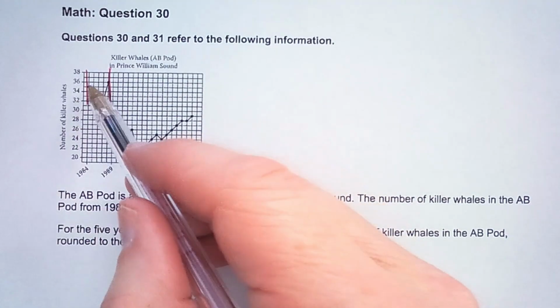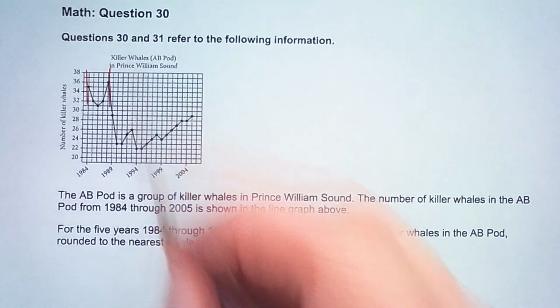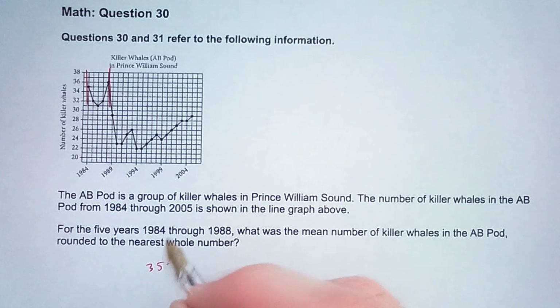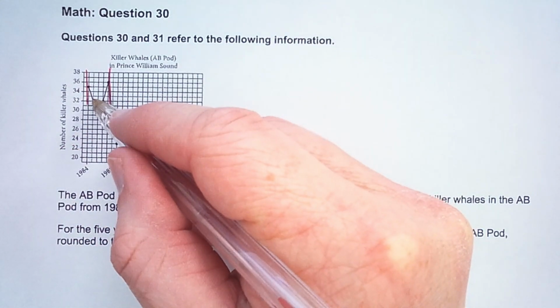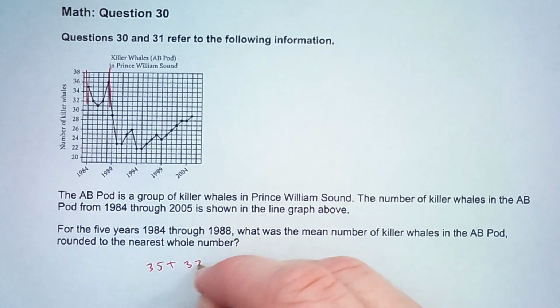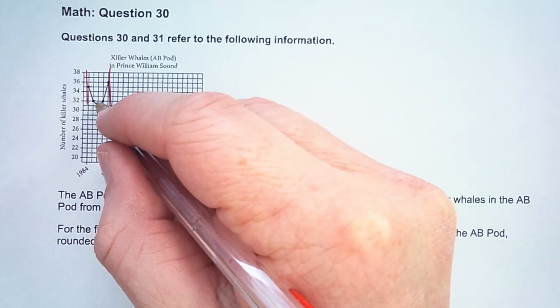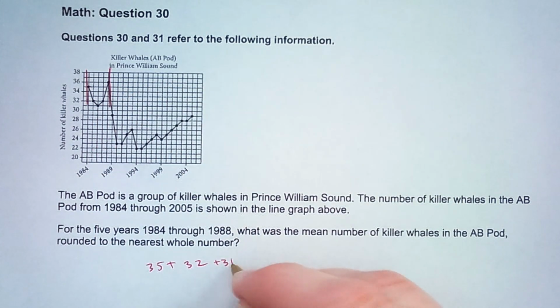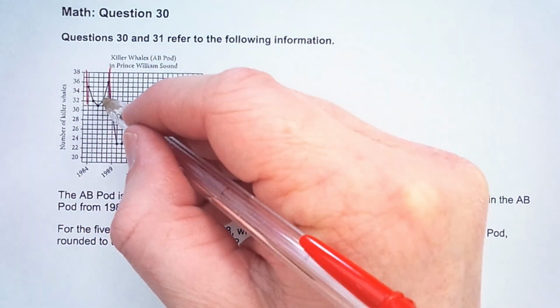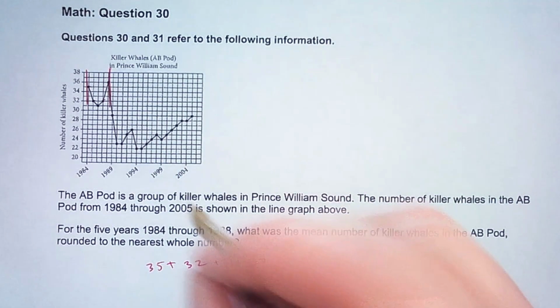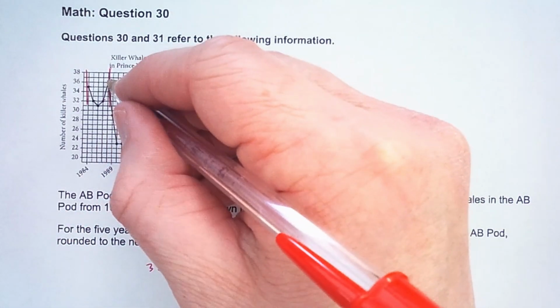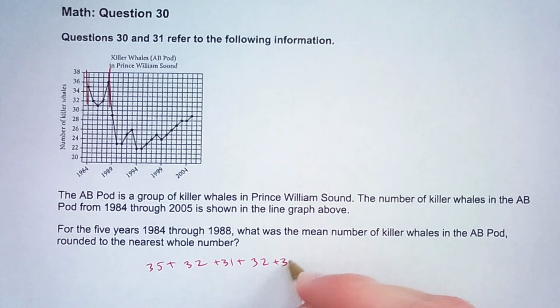We add the numbers and divide by the number of numbers. So starting in 84, we had 35. In 85, we had 32. In 1986, we had 31. In 1987, we had 32. And in 1988, we had 36.